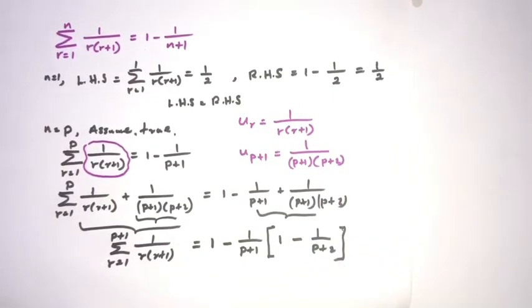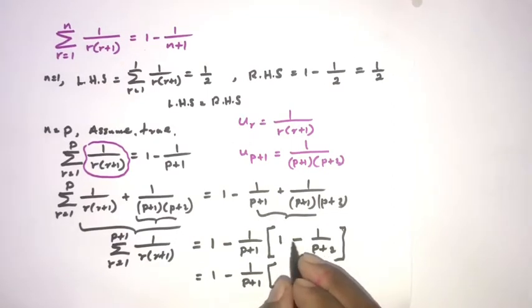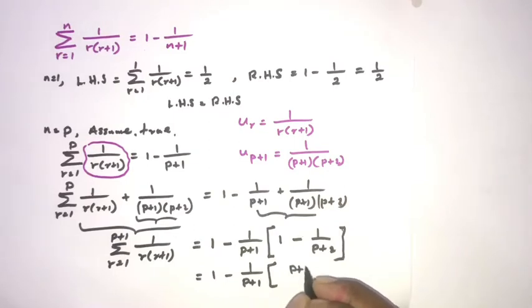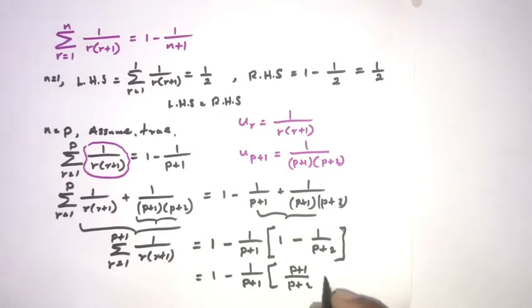Now we should simplify. Here we can write 1 minus 1 over p plus 1 times p plus 2 minus 1 over p plus 2, which is p plus 1 over p plus 2.